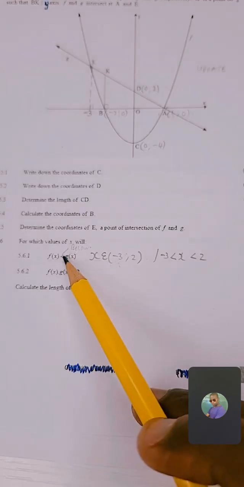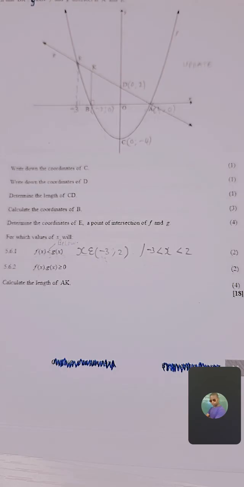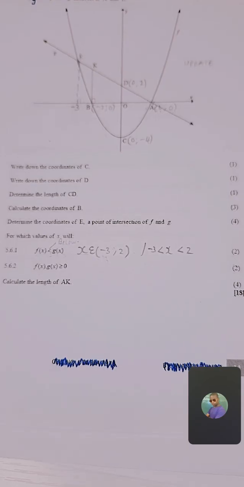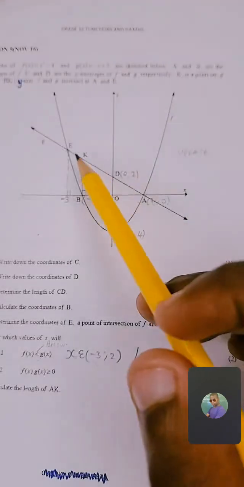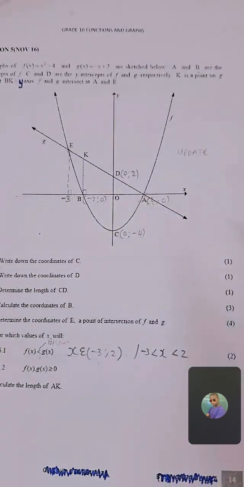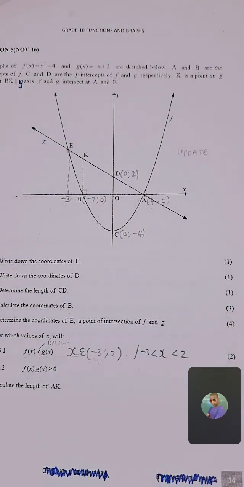So when we have less than, it means we don't touch, we don't kiss. I hope we understand. So we have open brackets because we do not include -3. If we include -3, that's where the two functions are equal.